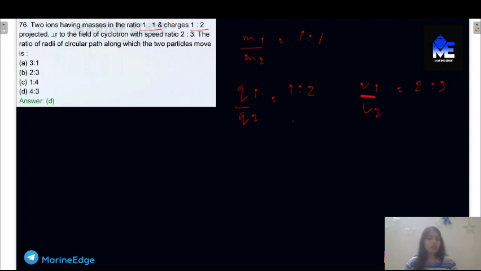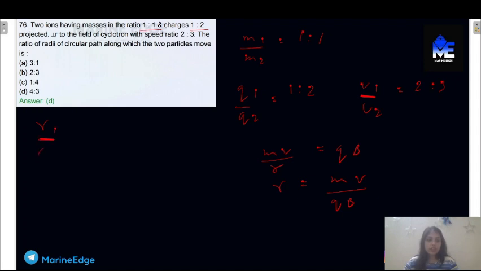Now, are we aware of this formula mv upon r is equal to qB? Correct? mv upon r equals qB. So now can we take this value of R as equal to mv upon qB?